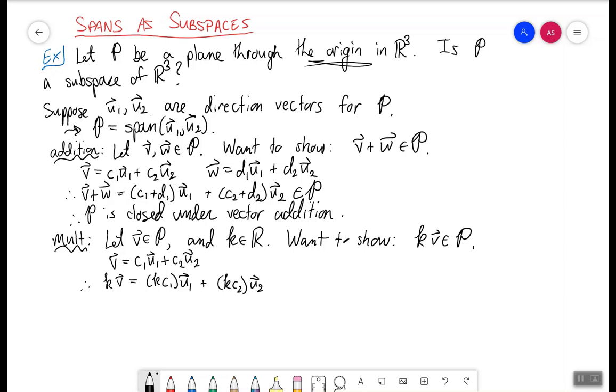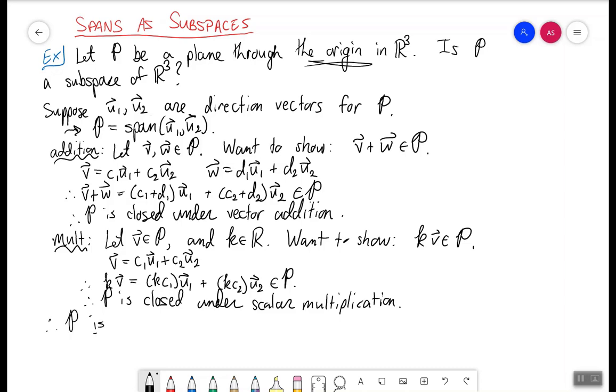Aha! K C1 and K C2 are both real numbers, and so this expression is also in the span of U1 and U2, in other words, is also in P. So therefore, P is closed under scalar multiplication. Thus we conclude, therefore, P is a subspace of R3.